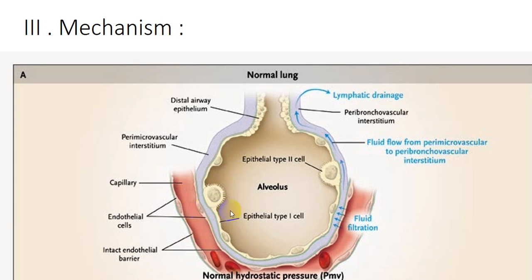After that, you can see the perimicrovascular interstitium. It is the space into which fluid from the capillary filtrates and flows from the perimicrovascular to the peribronchovascular interstitium to the lymphatic drainage. Yes, it's normal.